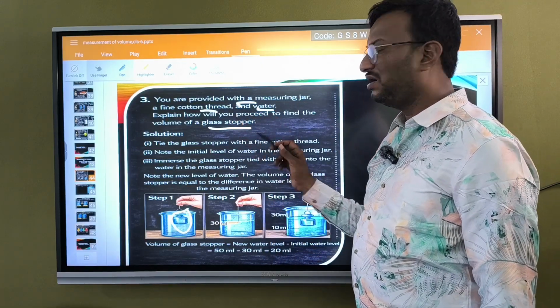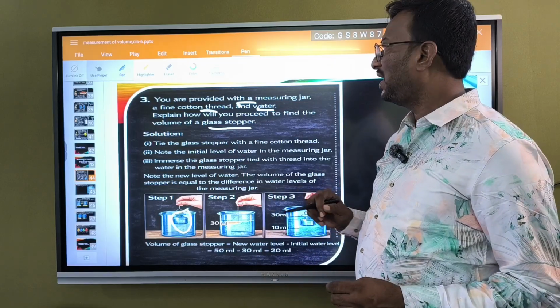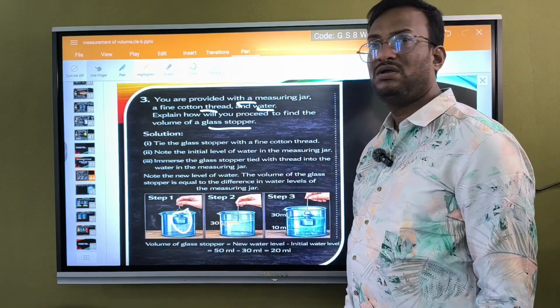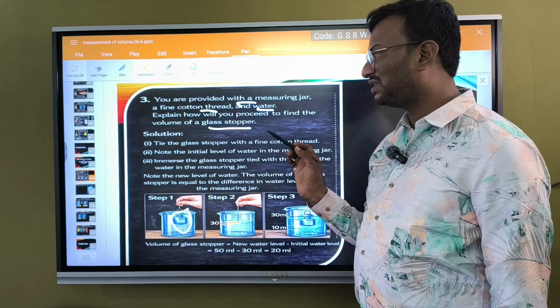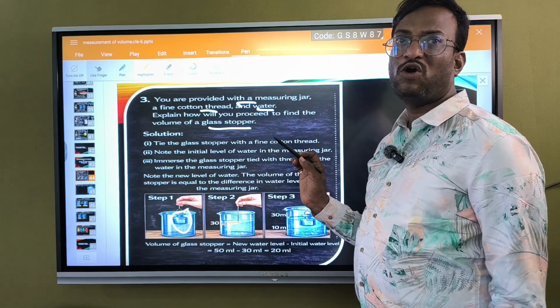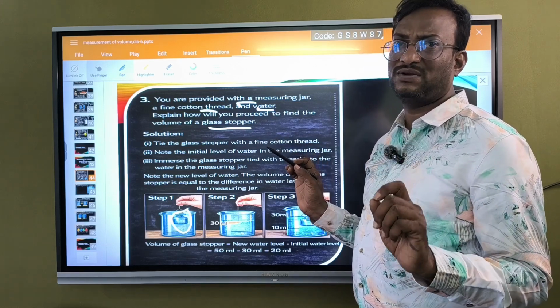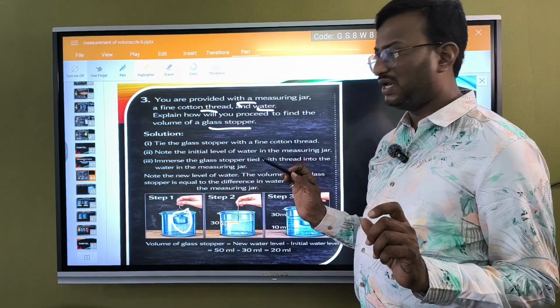Tie a thread to the glass stopper and take water in the measuring jar and put a mark on the measuring jar. Note how much the volume of water is.